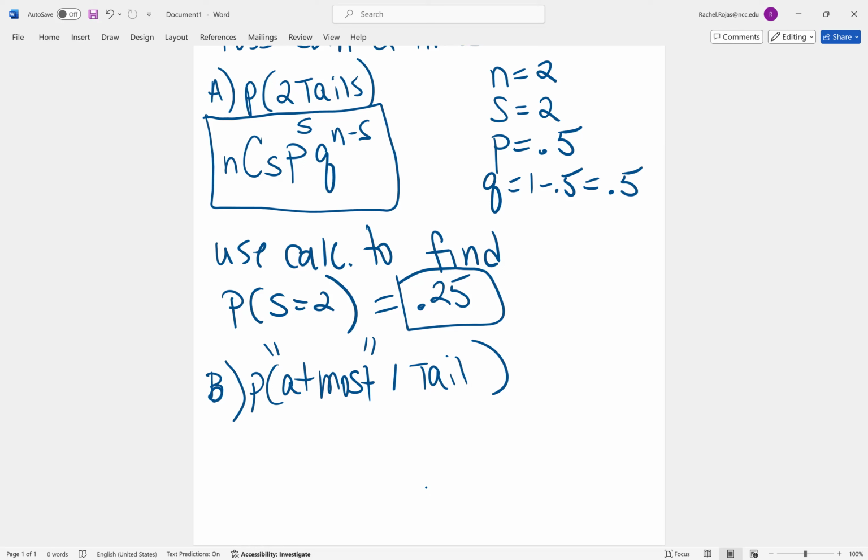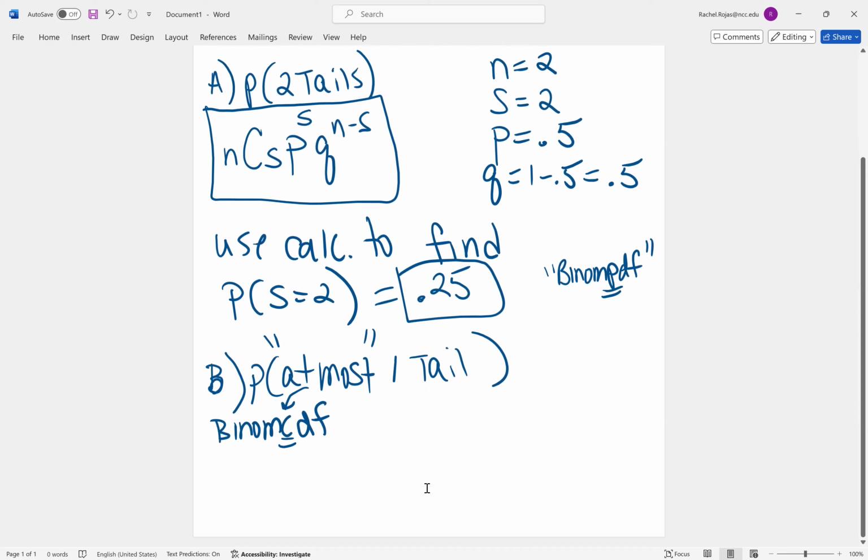So whenever we're going to use the at most function, that's going to be binom CDF. So that's when we use binom CDF. If we're going to calculate exact, like we did in the previous one, that was binom PDF, for exactly S successes. In this case, we use binom CDF for at most S successes.